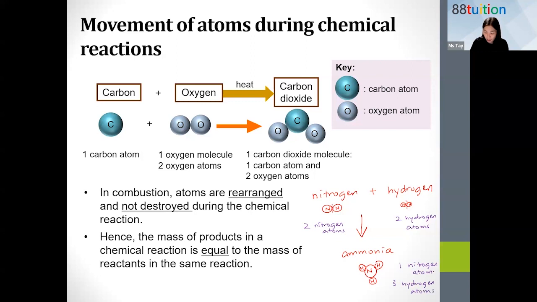You start thinking, 2 and 2 makes 4, so there are 4 atoms in the beginning, then 4 atoms produced at the end. Is it right or wrong? Can I leave it like this? The answer is cannot. This is not correct because we must ensure what goes in has to come out.